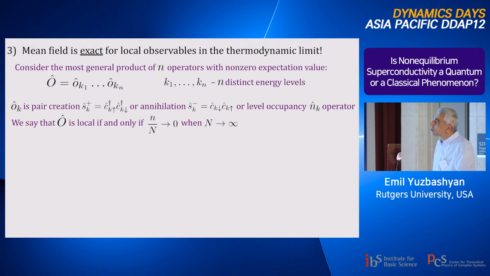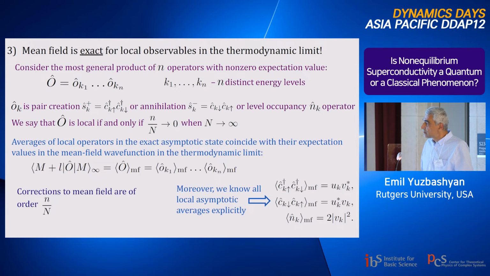The most general such operator is this O, which is a product of these little O's. Each of these little O's is either a pair creation or annihilation or level occupancy operator. Any other combinations of creation and annihilation operators on averaging will give you 0 expectation value.